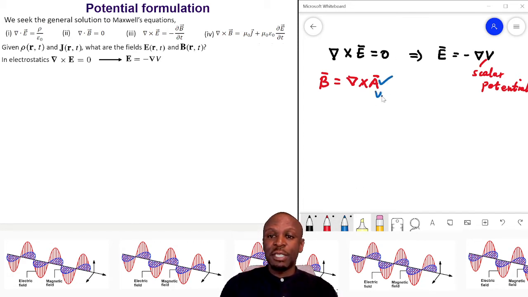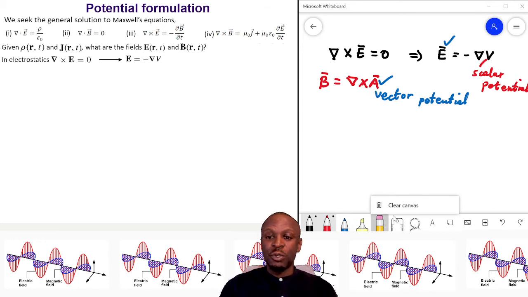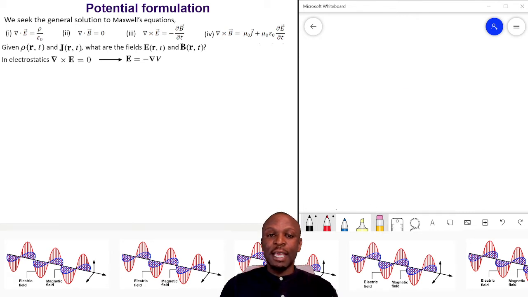Therefore, the electric field is defined in terms of the negative gradient of a scalar potential, while the magnetic field is defined in terms of the curl of a vector potential A. So this is the difference that I wanted you to see, or actually to remind you of from what you have done in the previous classes.